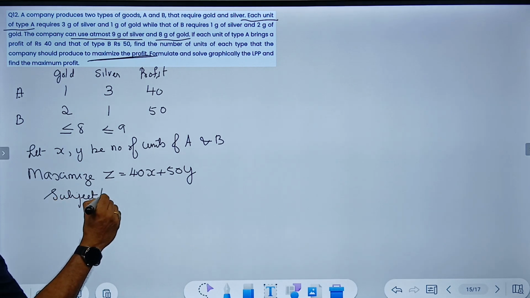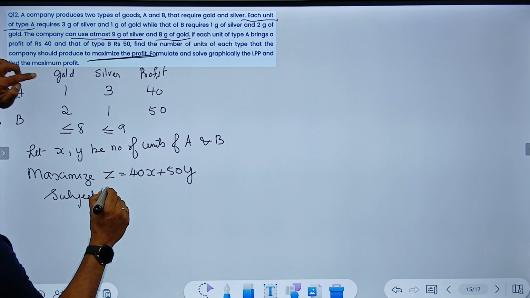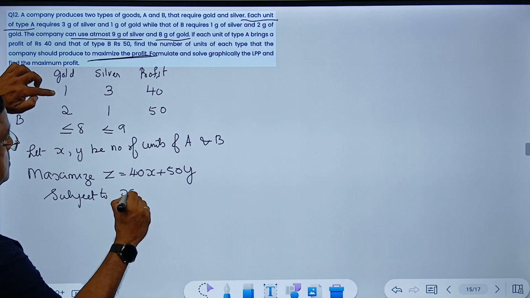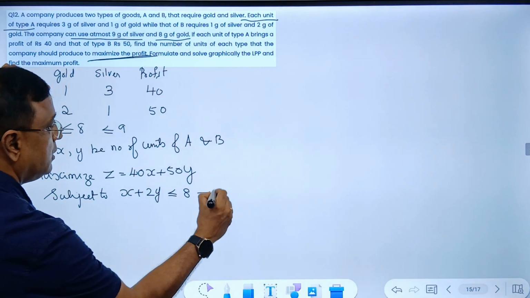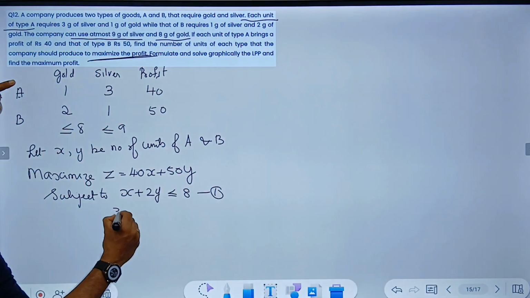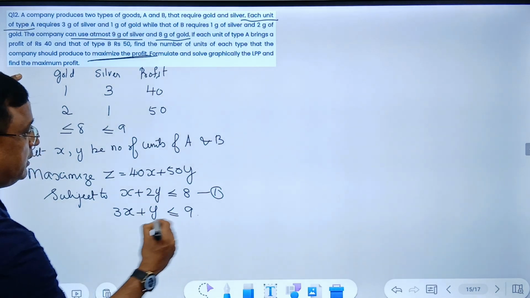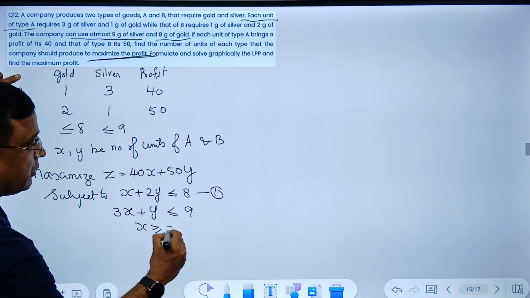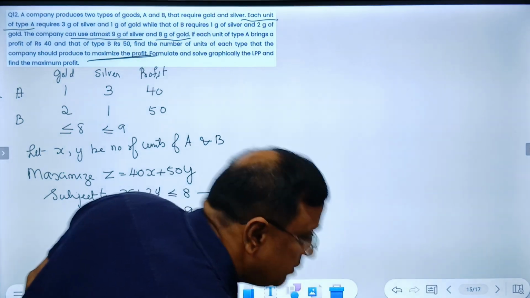Subject to, what is the constraint? The constraint is x plus 2y less than or equal to 8 and 3x plus y less than or equal to 9, x greater than or equal to 0, y greater than or equal to 0. Is that clear?